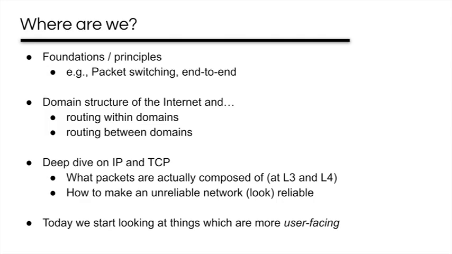Then we've done a pretty deep dive on IP and TCP. We've looked at what those packets are actually composed of at L3 and L4. We've looked at the actual bits on the wire and what they're for. And we've seen how to make an unreliable network act like a reliable one. And all that is establishing foundations.